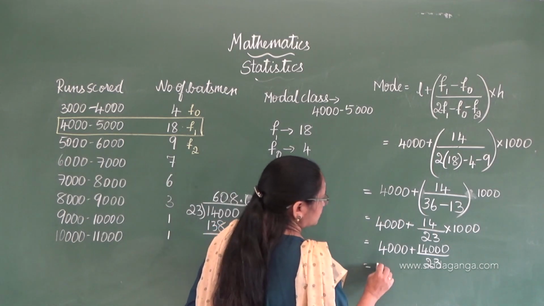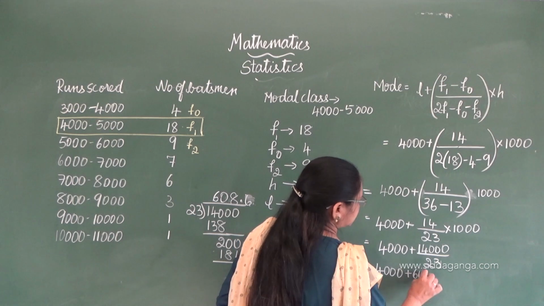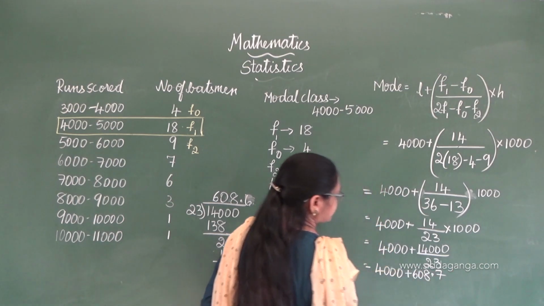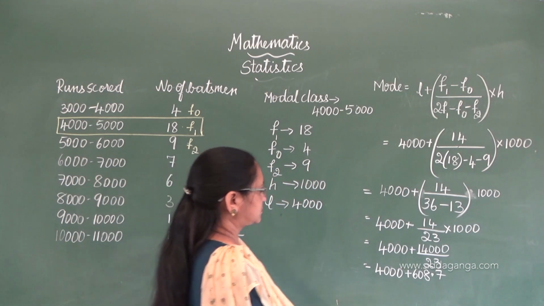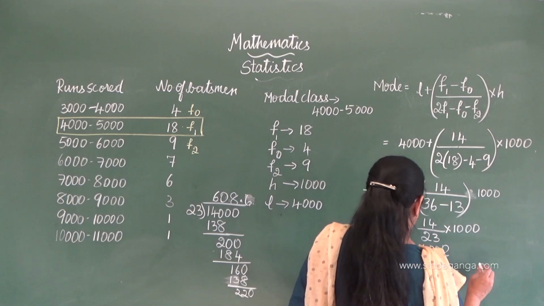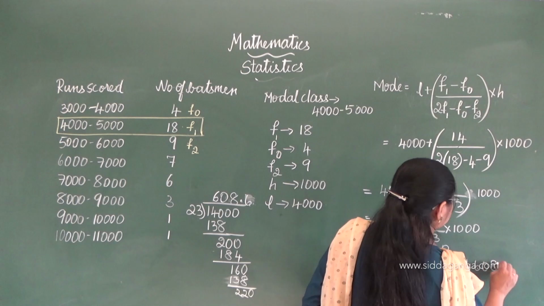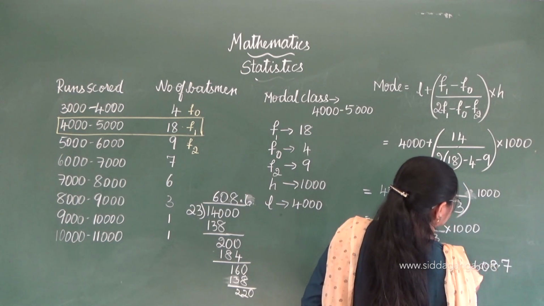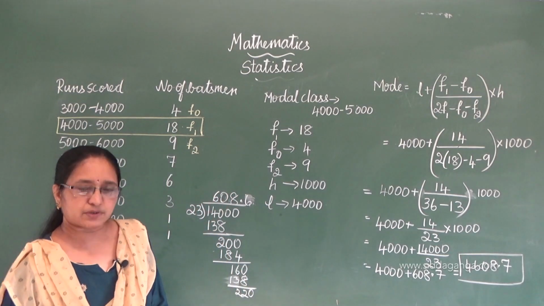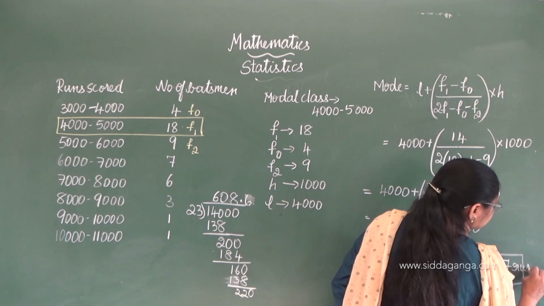So here 4000 plus 608.7, when you add, you will get 4608.7 runs.